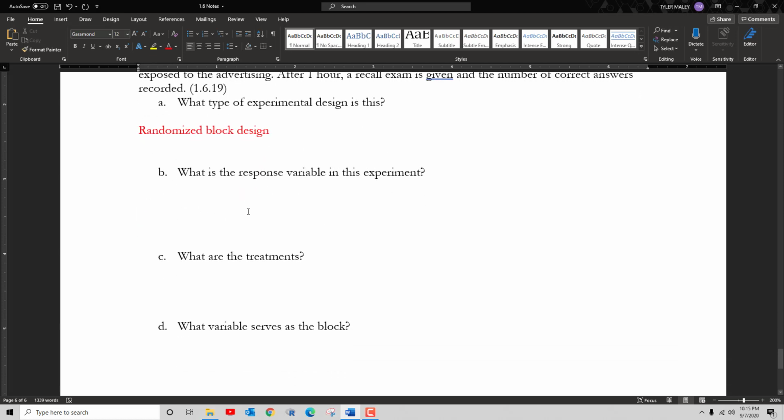So what is the response variable in this experiment? So the response that we're measuring, if you read through this, would be the score on the recall exam. And then what are the treatments?